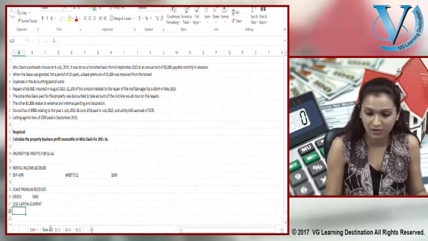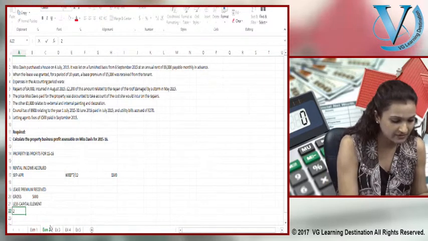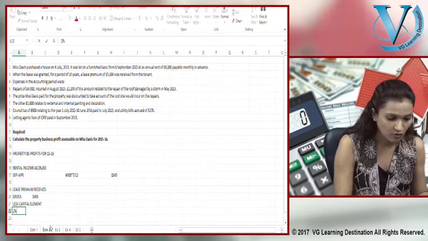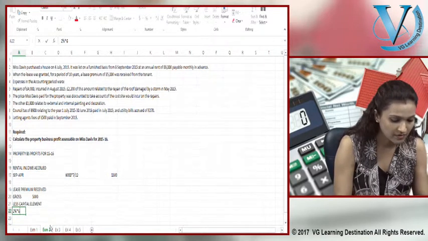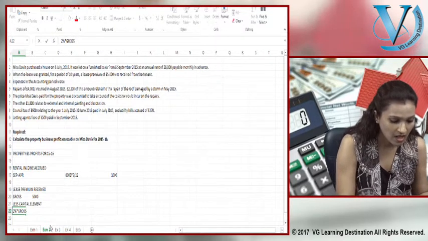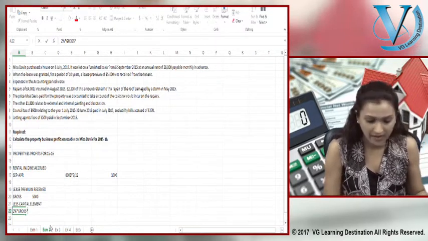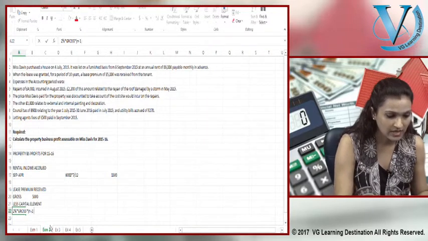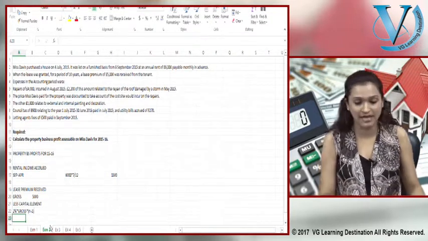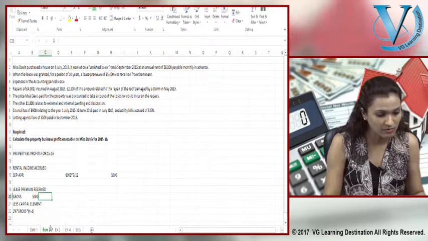Capital element is calculated how? 2% of your gross lease premiums multiply by n minus 1 is the amount of capital element that you're going to reduce, which comes out to be how much?